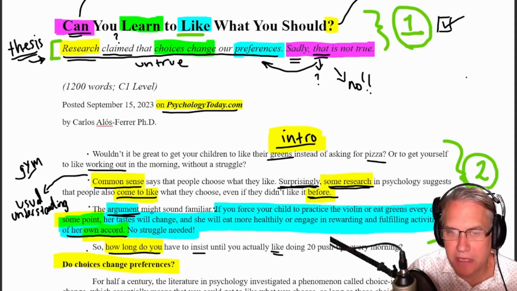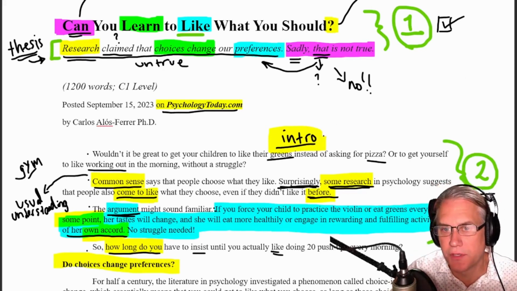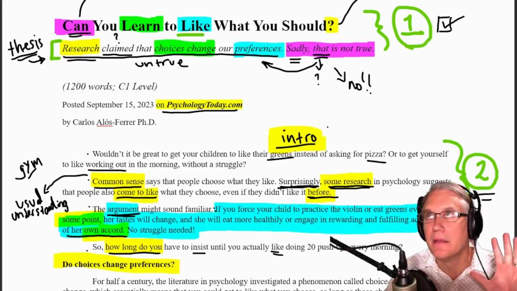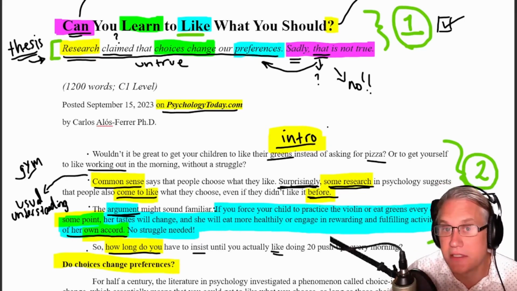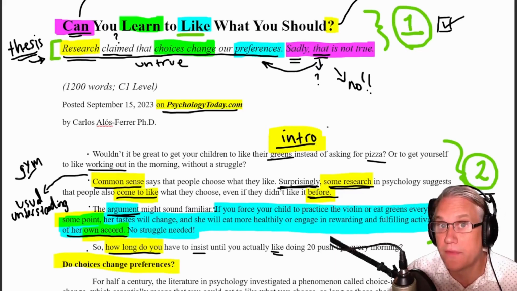And so the introduction is basically setting up previous research. It's saying, before I tell you I disagree with something, I need to tell you what that thing is.